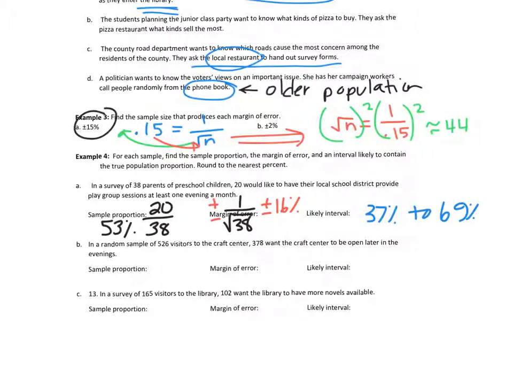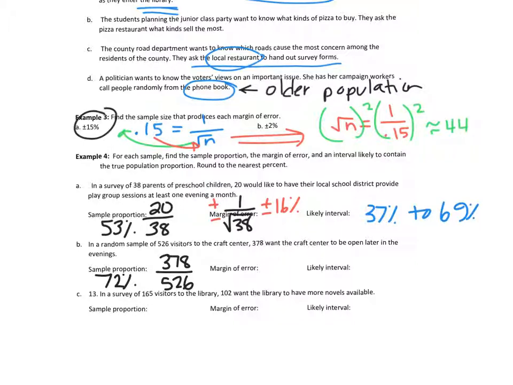Okay, letter B. In a random sample of 526 visitors, 378 want the craft center to be open later in the evenings. So the sample proportion is going to be 378 divided by 526, and I get about 72%. So I rounded.